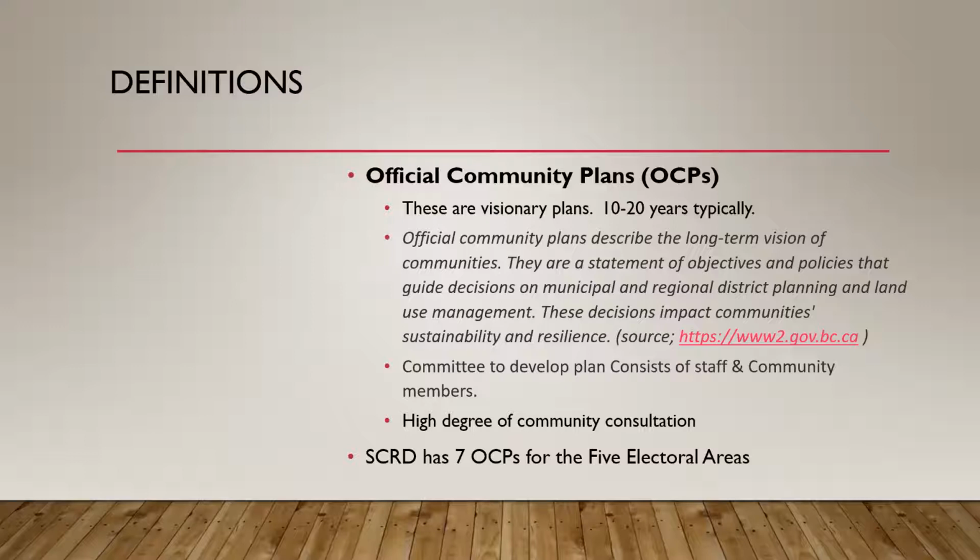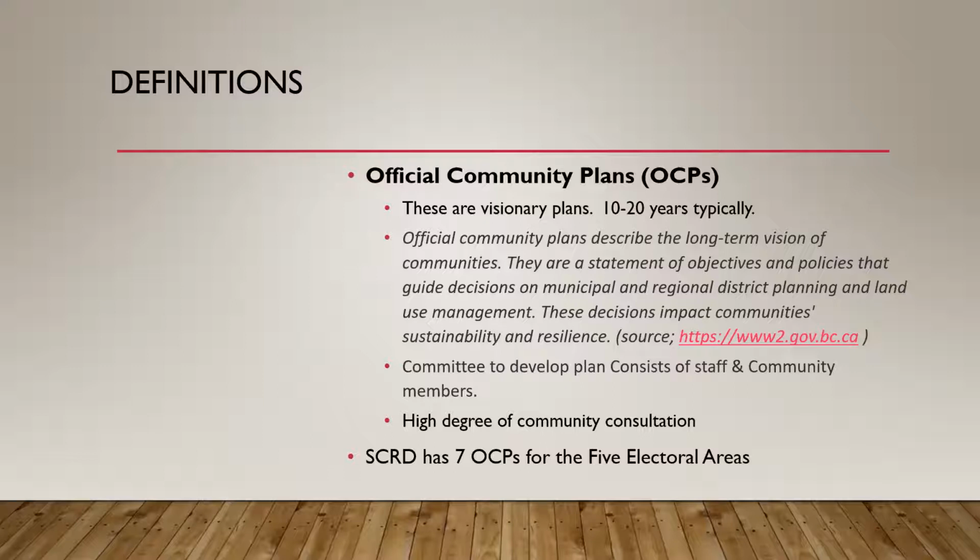Next up, official community plans. So these are things that you may have heard of us talking about, OCPs or the official community plan. So these are visionary documents, and they're typically 10 to 20 year documents before they're renewed. They are the long-term vision of a community.